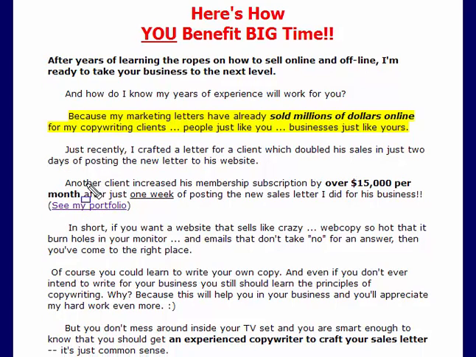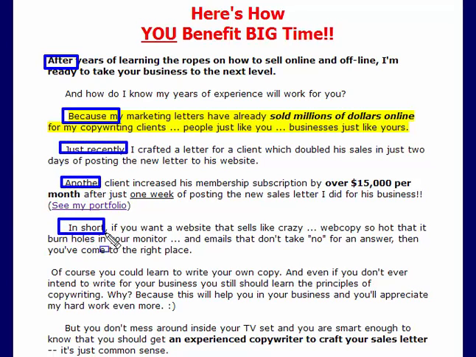I will go through and make sure that each of my transitional words, mostly at the beginning of the paragraph, connects to what came before. "Just recently, another client," "in short," "of course," "but," okay, all of these are transitional words, and they make sure they are connecting each sentence one with the other.